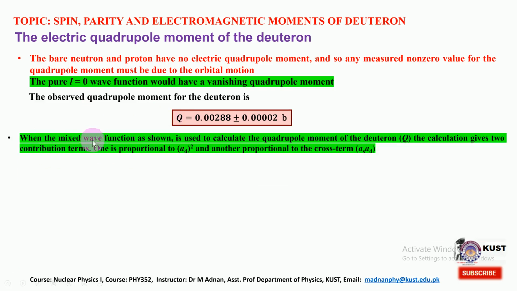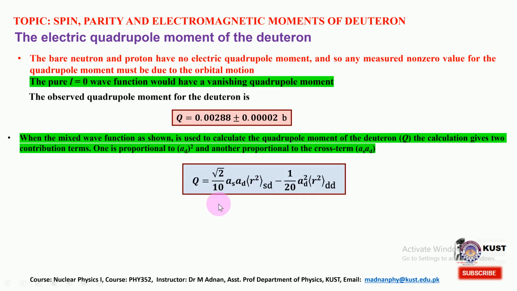When the mixed wave function, as we have discussed, is used to calculate the quadrupole moment Q_D, the calculation gives two contribution terms. One is proportional to A_D squared and the other is A_S A_D. We are not going into the detail, but just discussing qualitatively why the quadrupole moment is there and why L equal to 0 is not the only possibility for the deuteron to be in.